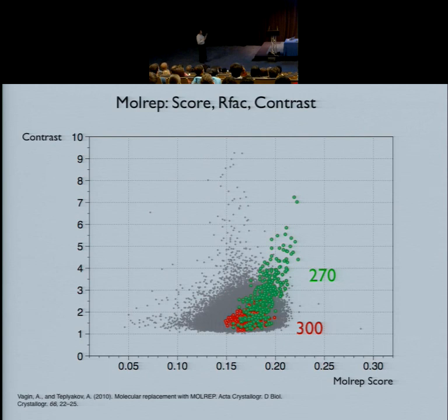The problem with MolRep, with the particular version we tested 2 years ago, is that you don't have the nice discrimination you had in Phaser between the correct and incorrect solutions. So when you use the MolRep score or contrast function, there is a significant overlap between green and red. So you couldn't use this metric to really identify what's correct or incorrect. However, you could pretty much assume that you will get the correct solution by just running the MolRep computation.